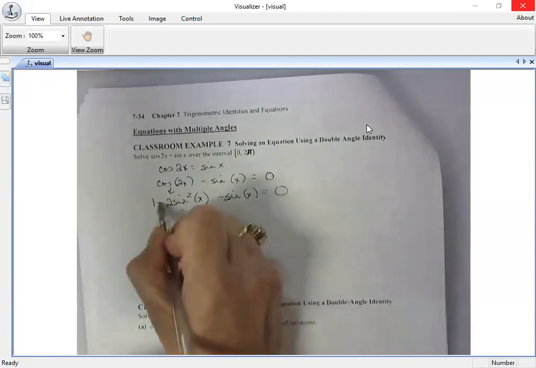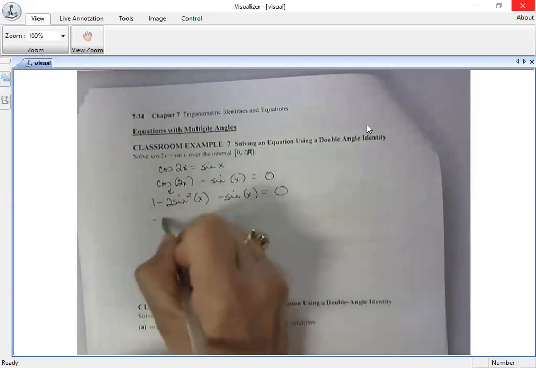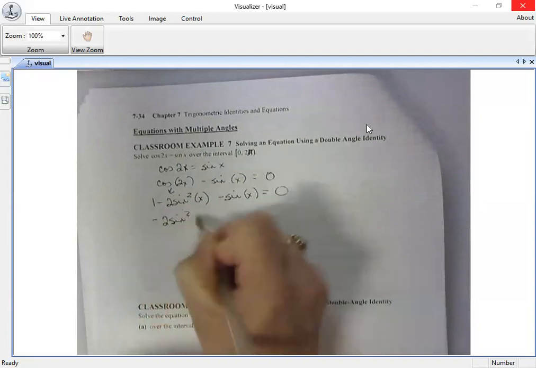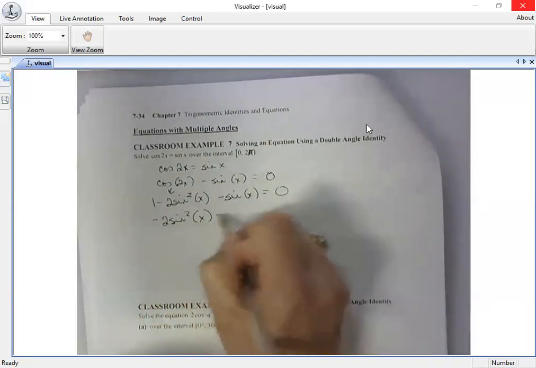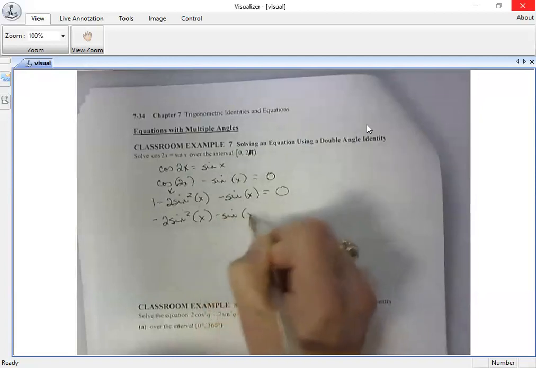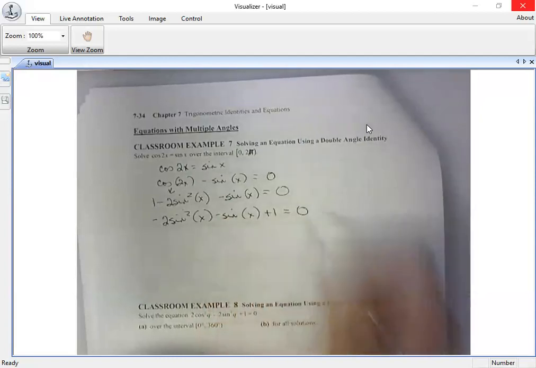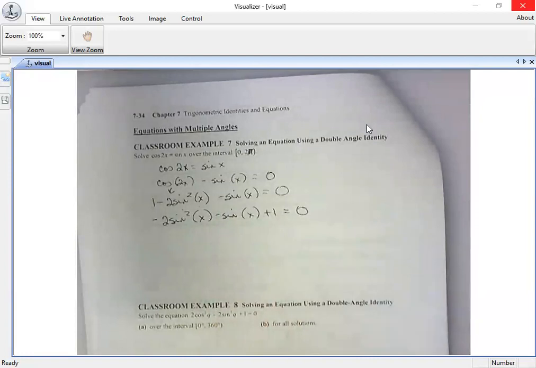So don't lose the sign that's in front of it. This is going to be a negative 2 sine squared of angle x minus sine of angle x plus 1 equals 0. But before I factor, I never want to factor with a negative sign in front of the first term. So what could I do to deal with that?